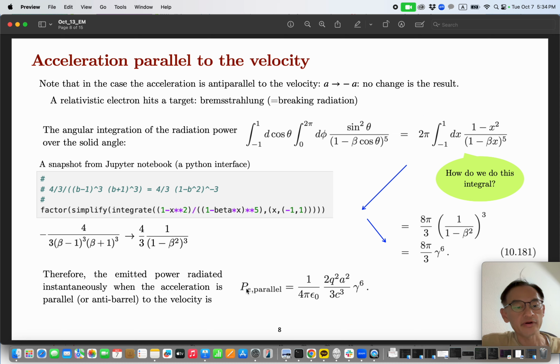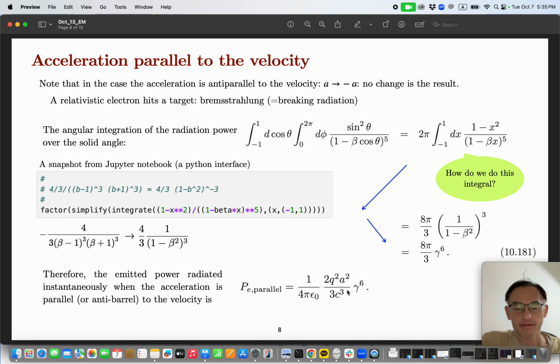So the total power of the parallel case is we have this factor, and things to note are perhaps charge squared and the acceleration squared and gamma to the power of 6. So that's the dependence that you have.